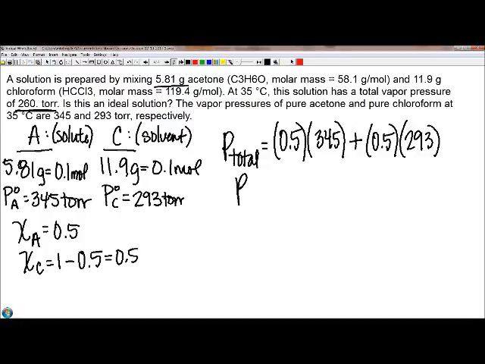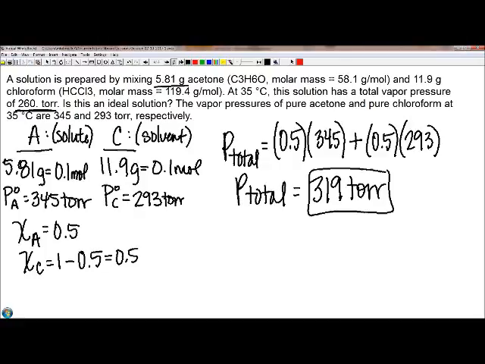So the P total, when you solve this out, is equal to 319 torr. Well, 319 torr does not equal the 260. Okay? It's actually greater than the 260 that it said. If it was equal to it, it would be ideal.